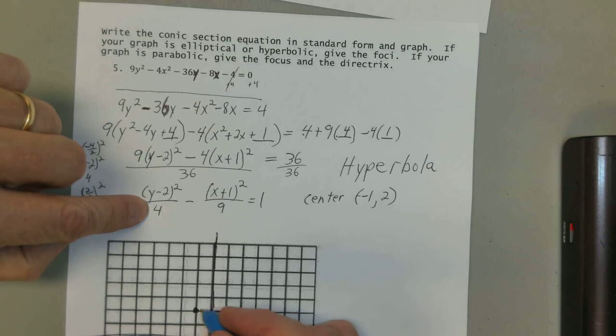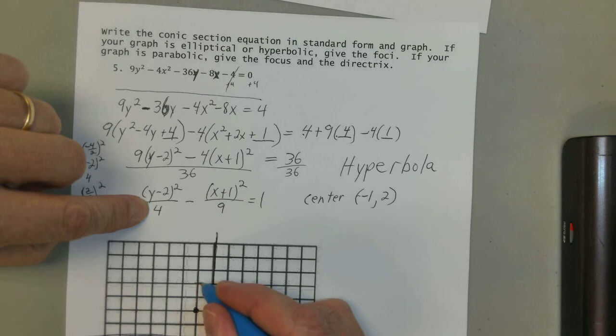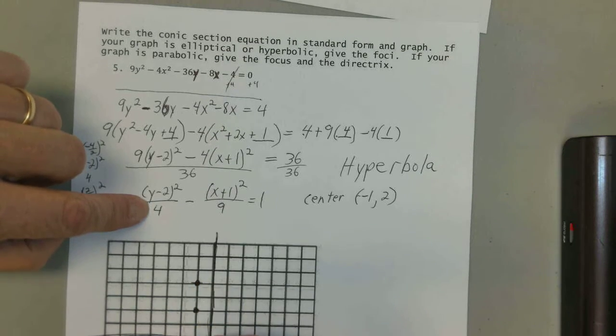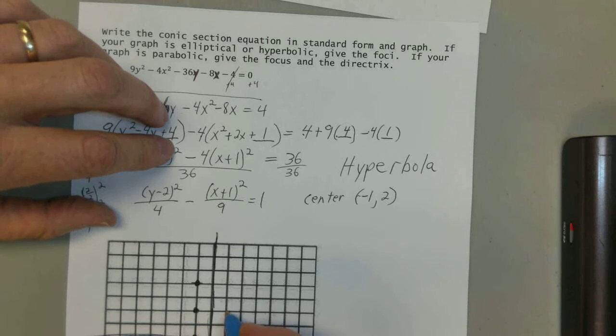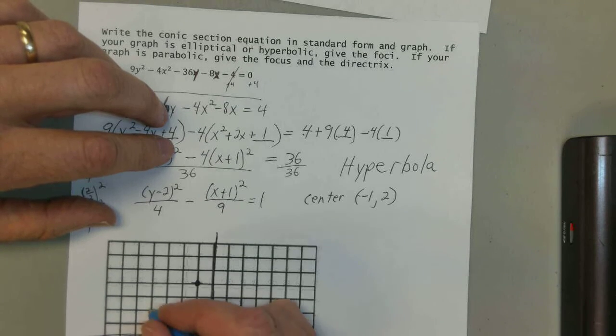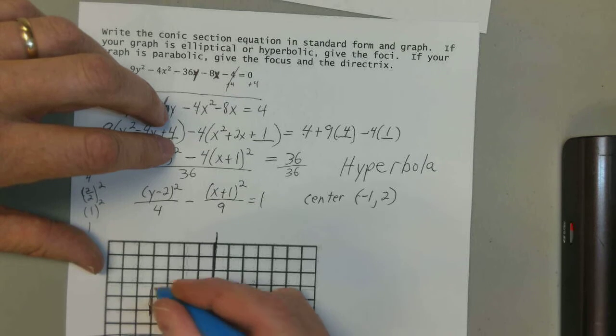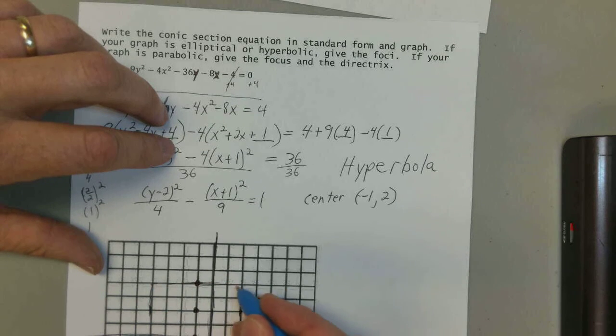I am going to go up 2 units from my center, and that is actually the vertex. So I'm going to put a dot there, and go down 2 units, and that's my other vertex for my hyperbola. I'm going to go over 1, 2, 3 for the box, and 1, 2, 3 for the box. And draw this.